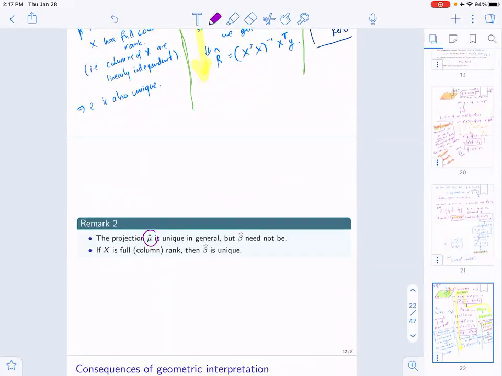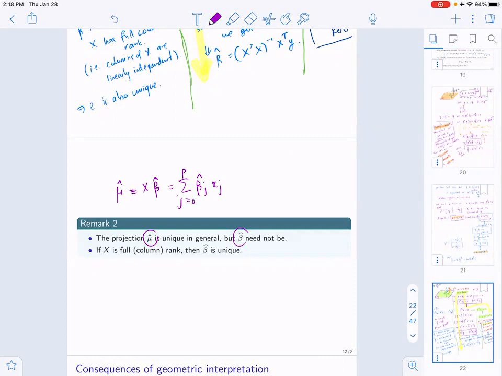But beta hat need not be unique. It's only unique if X has full column rank. The projection is always unique, but beta hat is how you write this mu hat as a linear combination of the columns of X. So if you remember, this can be written as this, where the Xj's are the columns of X.